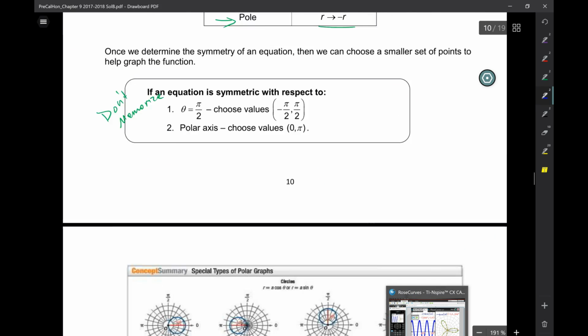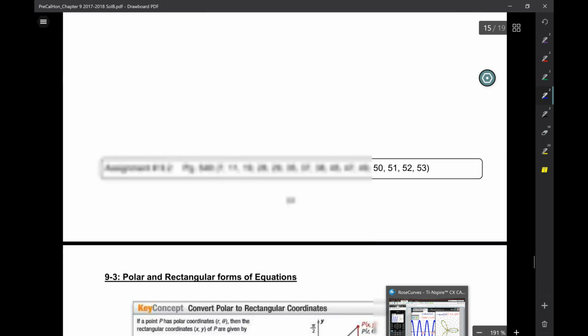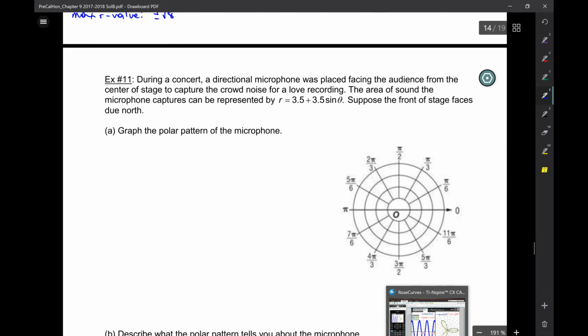Okay, one more. Okay, all of you musical people. During a concert, a directional microphone was placed facing the audience from the center of the stage to capture the crowd noise, right?